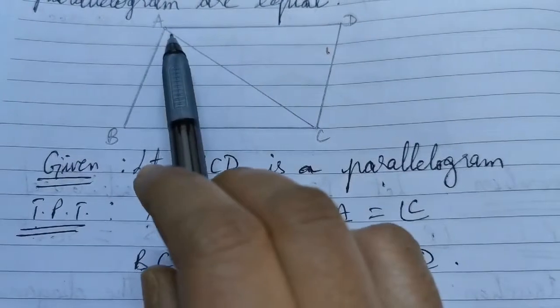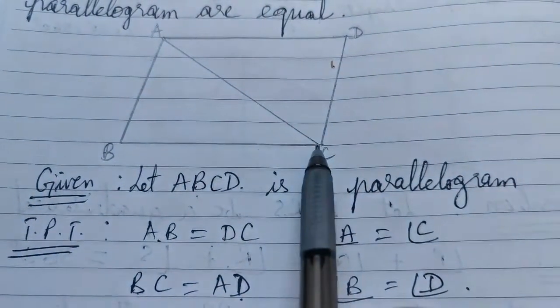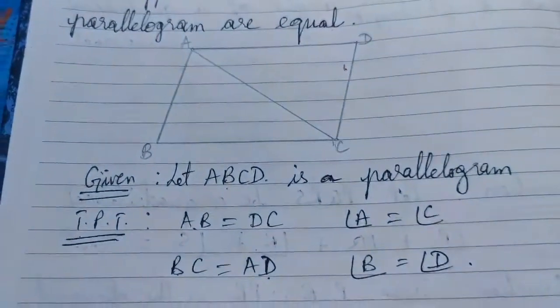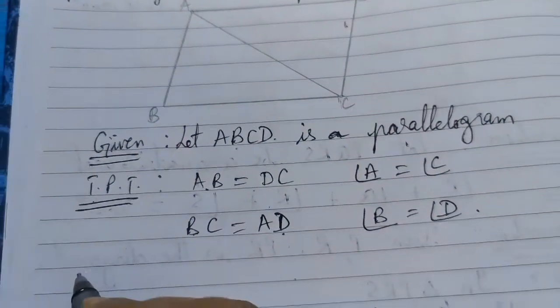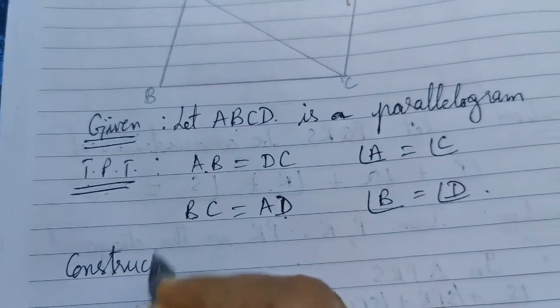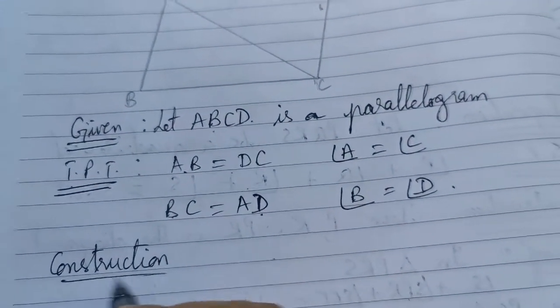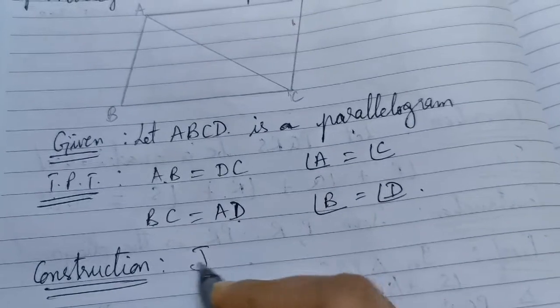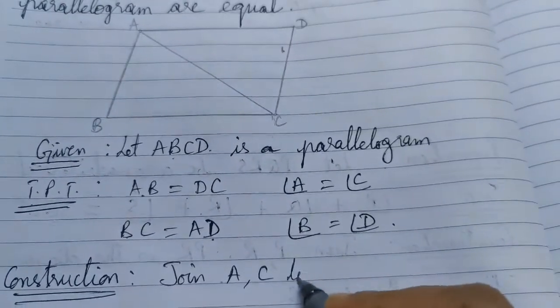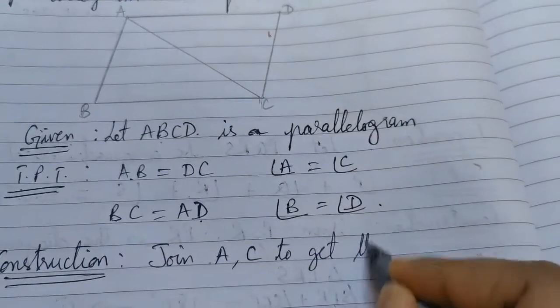I join the vertices A and C and I get my diagonal AC. So the construction which we will do is join A, C to get the diagonal AC.